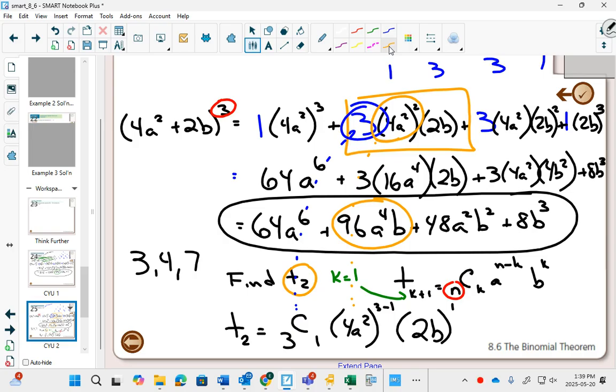So what the formula does is it lets you do the setup without having to write all the other ones around it. Which is kind of nice because they're sometimes going to ask you to find the 8th term in 3x minus y to the 12th. And you don't want to write all 13 of them out.